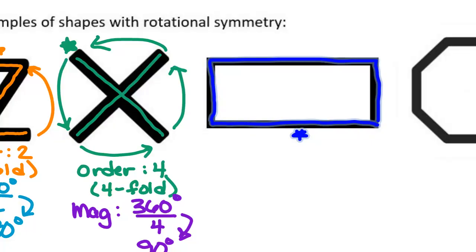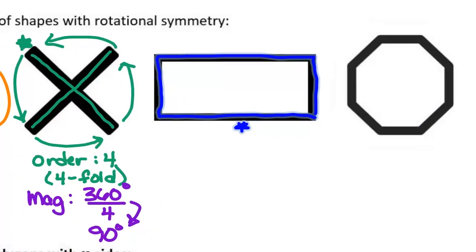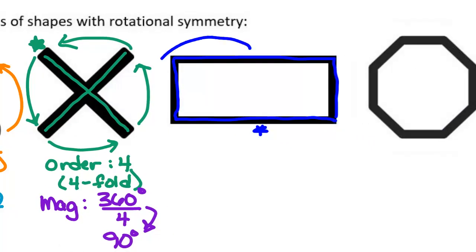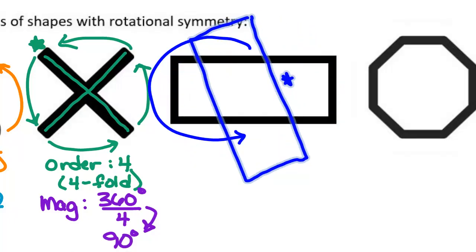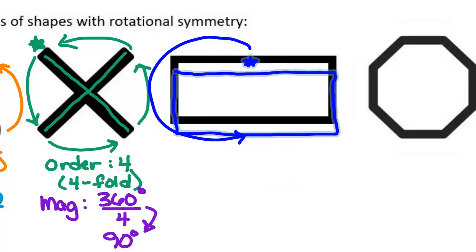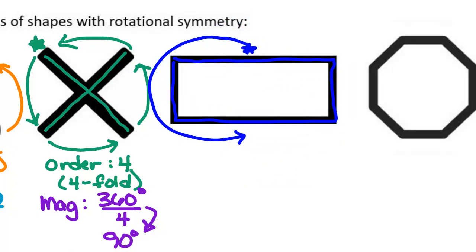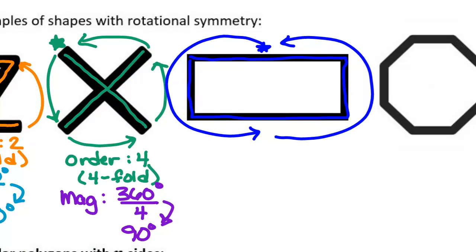So I went halfway around, and then as I continue rotating, it lands back on top of itself right here. So what is my order here then?